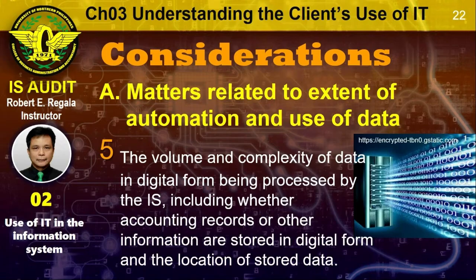For mid-size implementation, there is low volume of data or simple data. For large or complex implementations, there is usually large volume of data or complex data, and there are usually data warehouses, and there is use of internal or external IT service providers, for example, third-party storage or hosting of data.